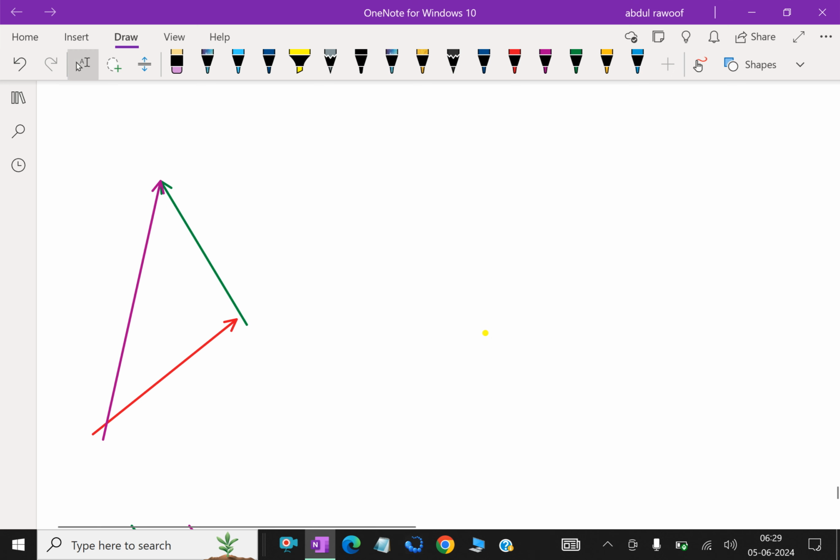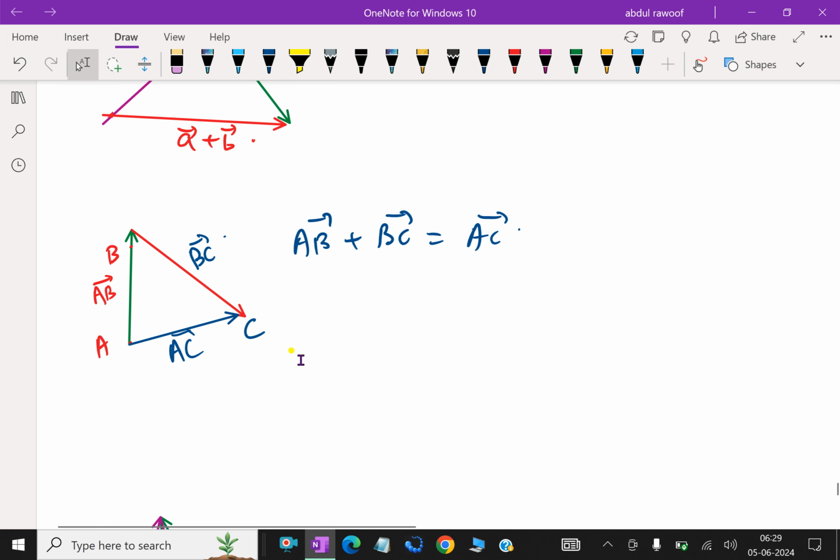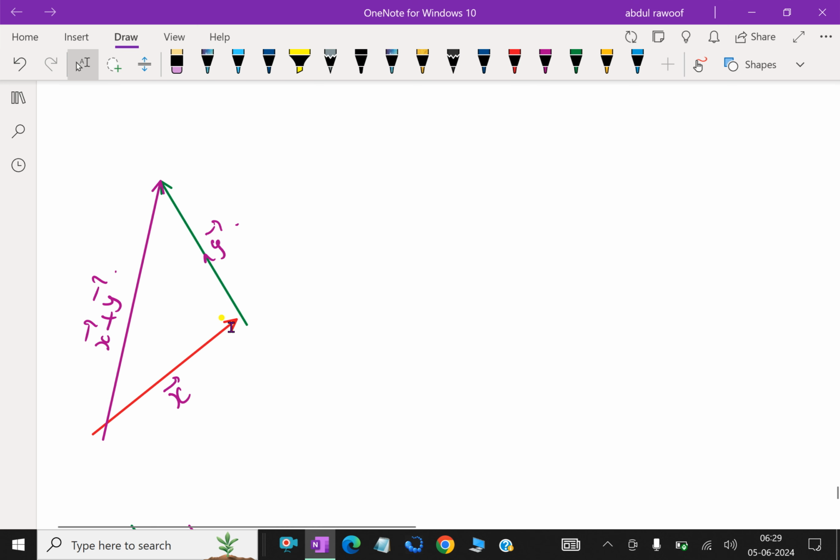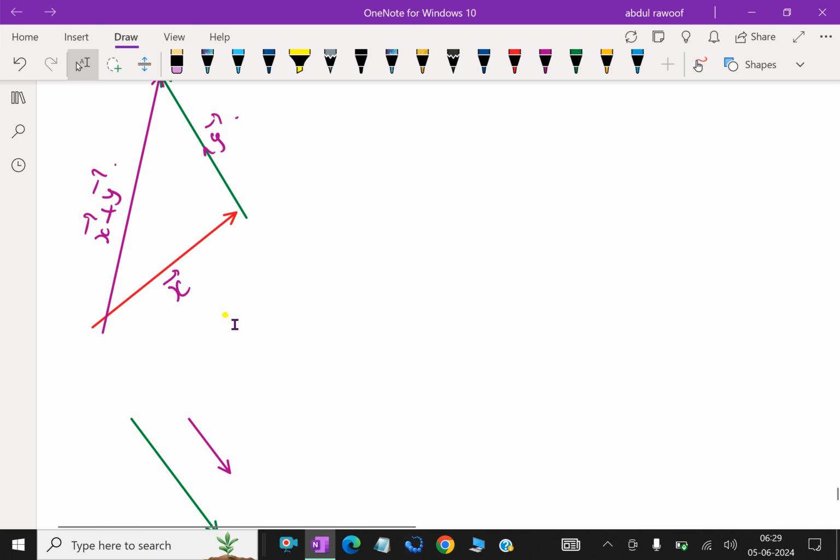Suppose this vector is x vector and this is y vector. Then this gives x vector plus y vector. That means the vectors are separated and we join them in a triangular manner.